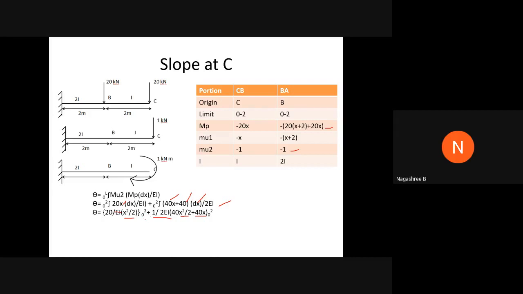You are supposed to put the values of the limits between 0 to 2, and then we'll get the value as 120 divided by EI. The EI value is there in the question itself. You substitute that and simplify, and get the value of theta as well as delta in terms of its respective units.